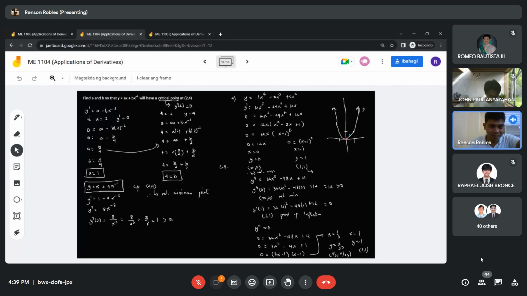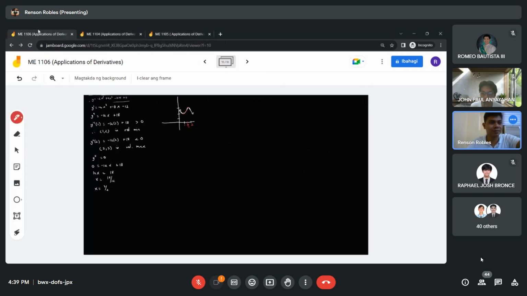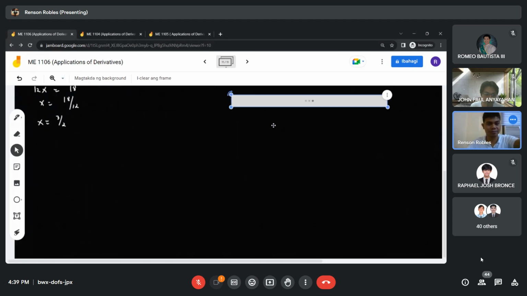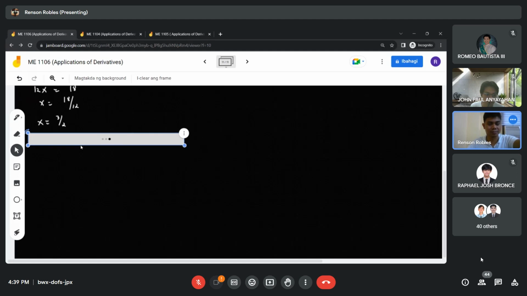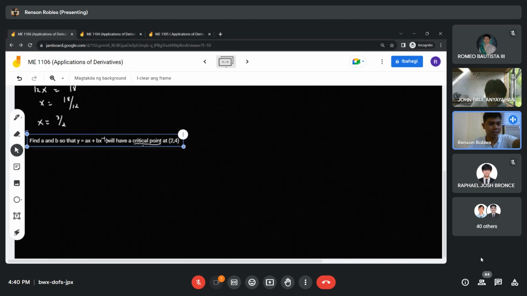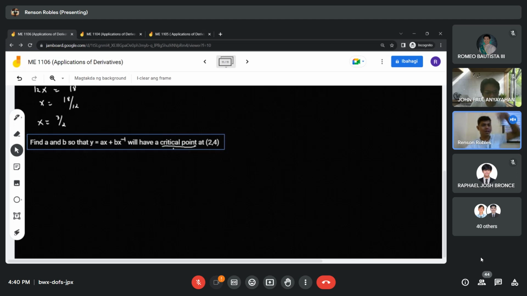Ito. Ito na ba yan? Find A and B so that the curve y equals ax plus bx raised to negative 1 will have a critical point.